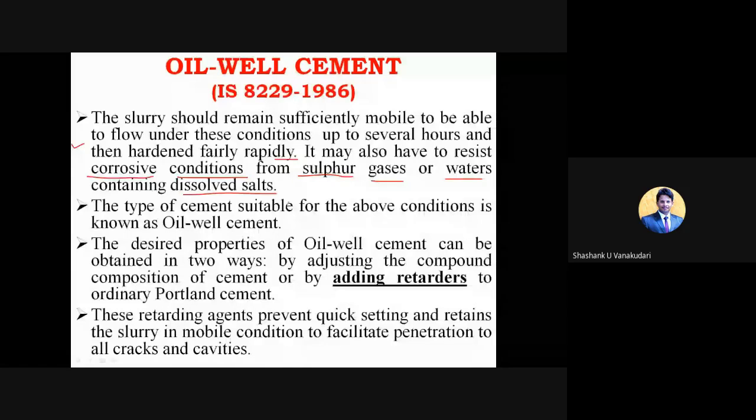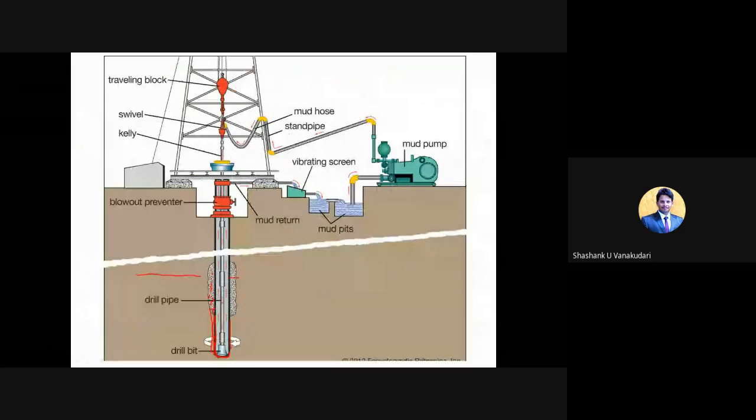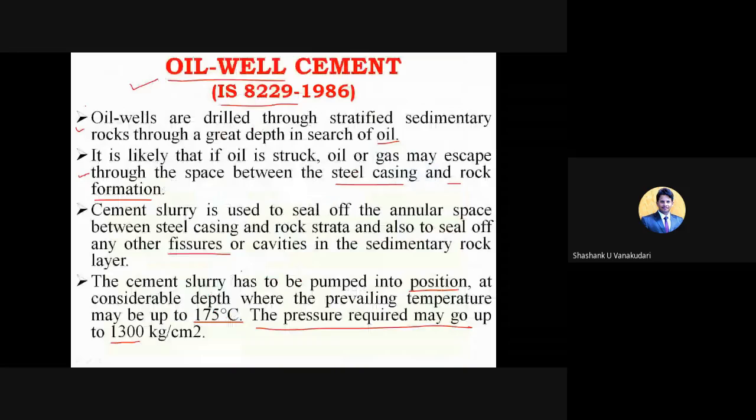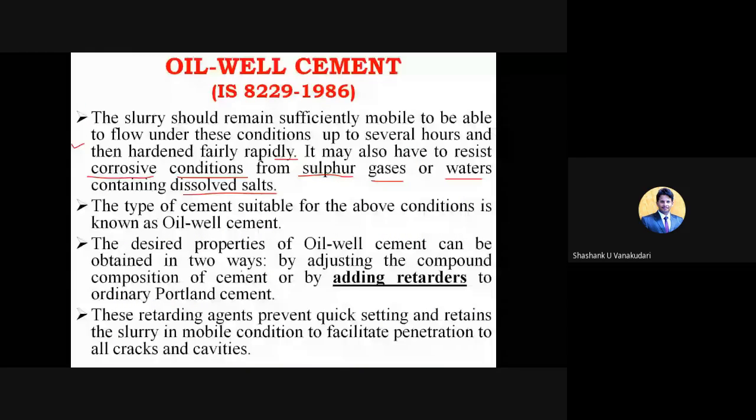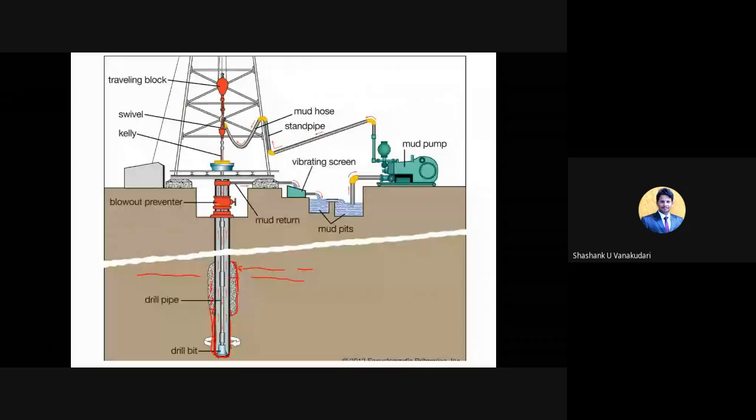Here you can't rule out that even the water table may reach this layer. When this water, containing sulfur or some dissolved salts, touches the layer constructed from cement paste or oil well cement, it may get damaged. Corrosion may take place by reacting with the water in the ground.